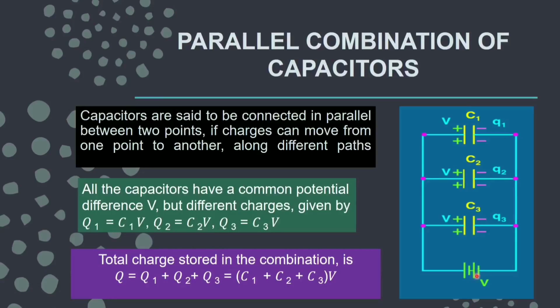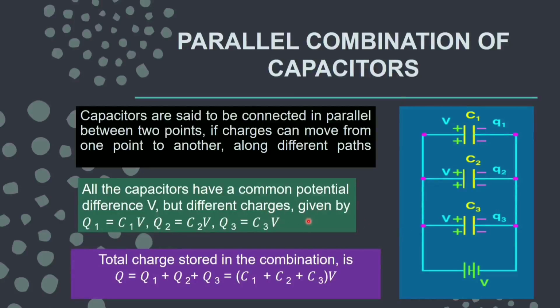So V is the same on all three capacitors, but capacitances are different. It means the charge stored in each capacitor will be different. This is the main point: charges will have different values, but the potential will be the same, because all the capacitors have a common potential difference V.